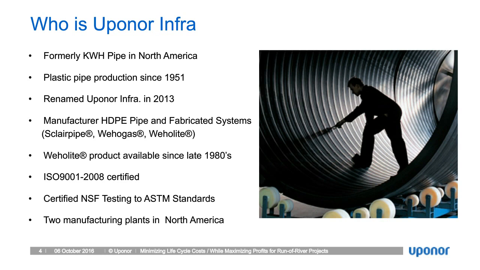Some people know us by our systems such as Sclairpipe, Wehogas, and Weholite. Weholite, a product available since 1980, is what we'll be talking about today in the webcast. We're third-party certified NSF testing, CSA, UL, FM, all to ANSI and ASTM standards. We're an ISO certified manufacturing facility, and we have 2 manufacturing plants in North America.